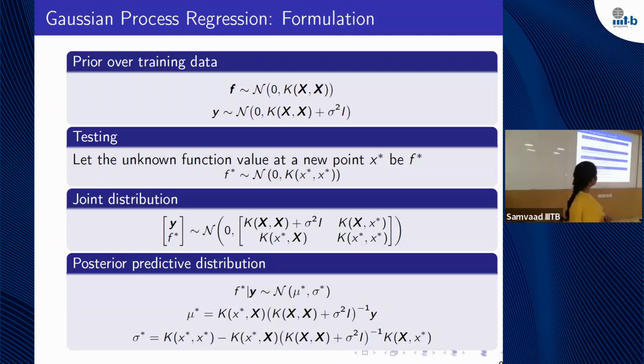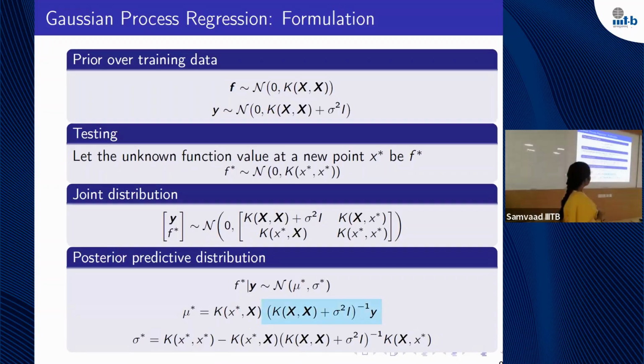You need to invert it, then multiply it with an n cross 1 vector. So inverting an n cross n matrix is a computationally expensive task. Or in other words, you need to solve this system, K of X comma X plus sigma square I times some x equal to y. So you need to solve some Ax equal to b kind of system here. So this therefore is a computationally expensive task.